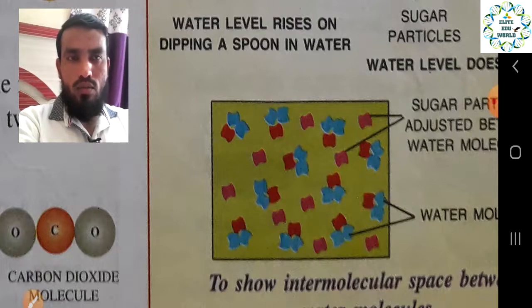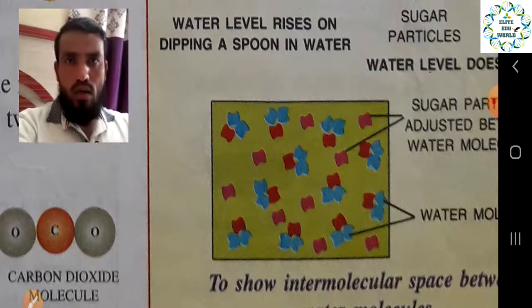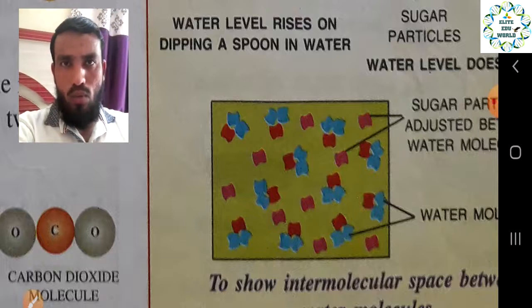That is because of the differing intermolecular force. In a solid there is more intermolecular force, so there is less space between the molecules of the solid.